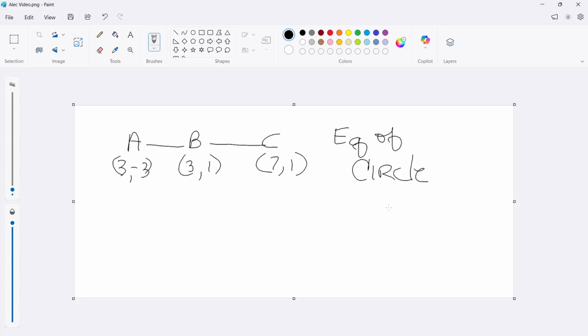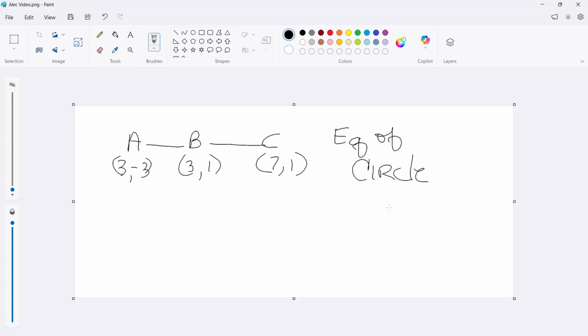Now if it's a horizontal line, if it's got 0 in the numerator and a number in the denominator, that means the perpendicular bisector is a vertical line. And so then it will be x equals whatever the x coordinate is of the midpoint. If it's already a vertical line, 0 is in the denominator, it means that the perpendicular bisector is a horizontal line, y equals whatever the y value of the midpoint is.